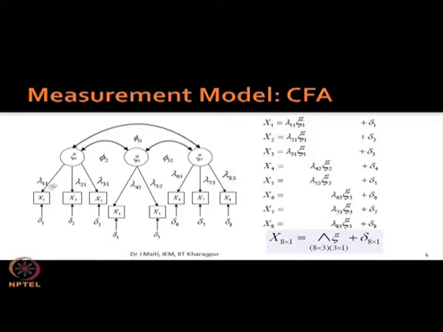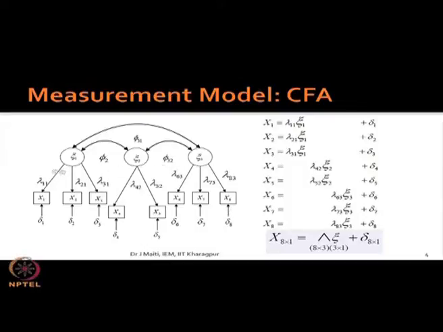By putting this arrowhead, for example, from xi1 to x1, xi1 to x2 and xi1 to x3, we are restricting the model in such a sense that we know xi1 is manifested by x1, x2 and x3, these manifest variables. Similarly, xi2 is manifested by x4 and x5, and xi3 is manifested by x6, x7 and x8.